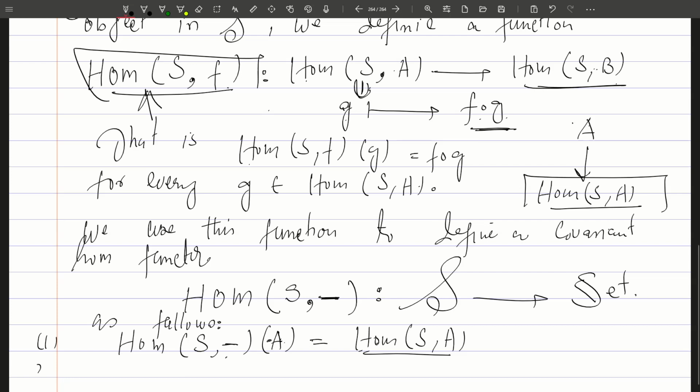Now this was the case with objects, and the case of morphisms is like that.